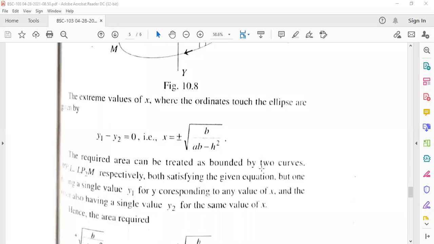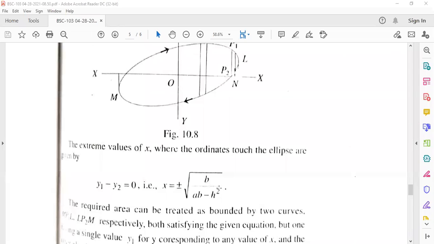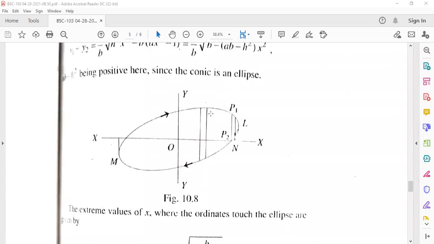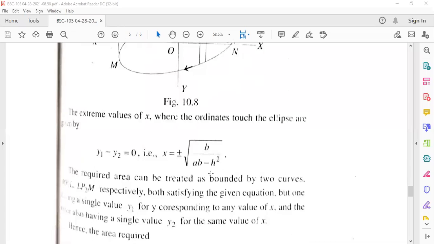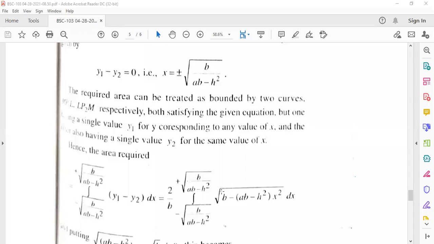The required area can be treated as bounded by the two curves P1L and LP2M respectively. Both satisfy the given condition, with a single value of y1 corresponding to any value of x, and also a single value y2 for the same value of x.